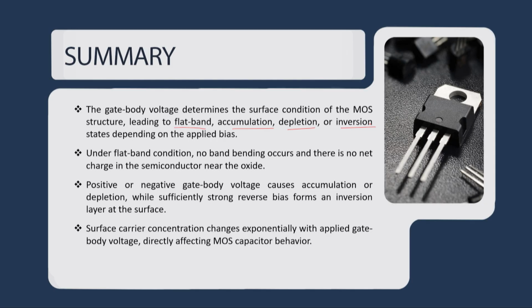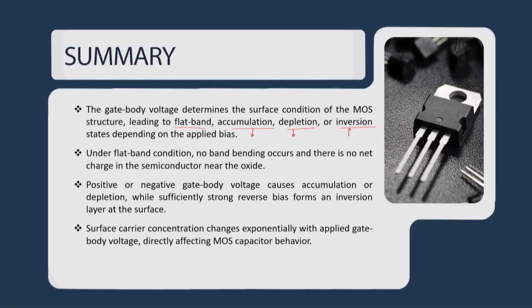Accumulation means that when you apply a negative voltage to the metal, the holes will pile up. We are talking all about p-type body. When you apply a positive voltage in the depletion region, uncovered immobile ions will come into picture. That causes a depletion region, and if you increase the VGB beyond 2 phi f, there will be inversion.